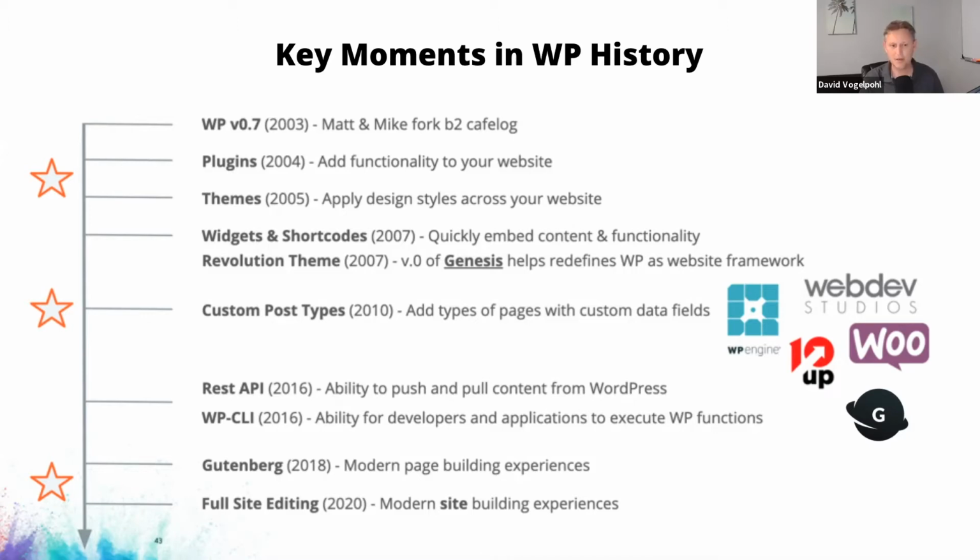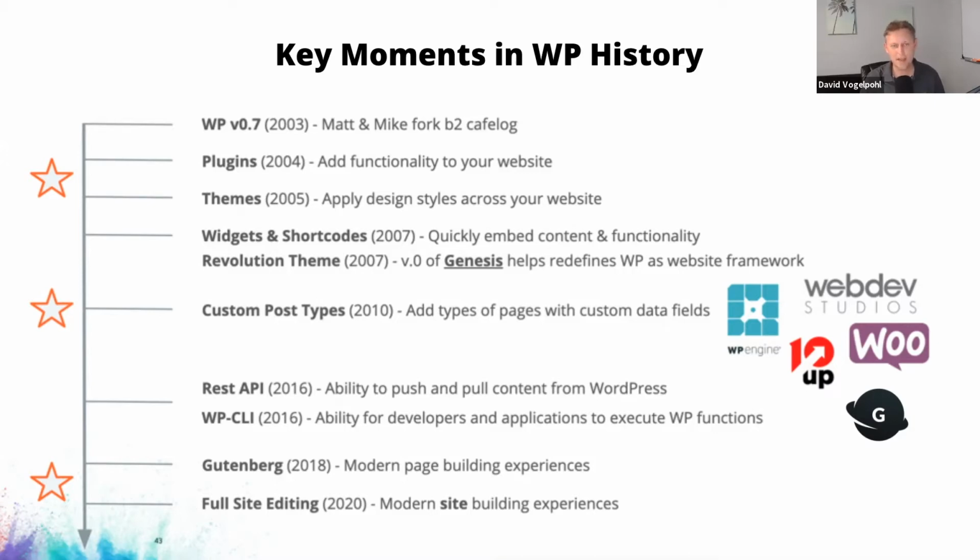The Gutenberg editor was introduced into WordPress Core at the very tail end, December of 2018. And Gutenberg within WordPress, of course, is referenced as the block editor. Gutenberg's the feature plugin where they test all that stuff out before it makes it into Core. But we saw that released in December of 2018 and iterative improvements to the block editor in WordPress Core ever since.